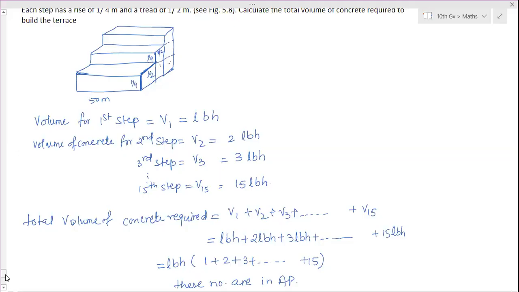Ma'am, I guess you're done with the NCERT questions, right? No, ma'am. Can you scroll up, ma'am?